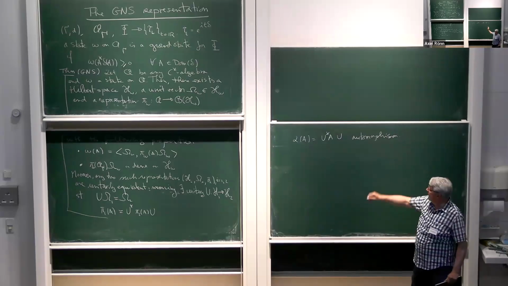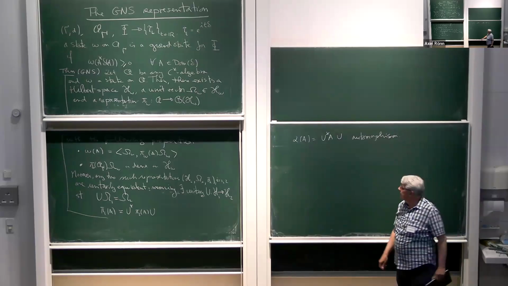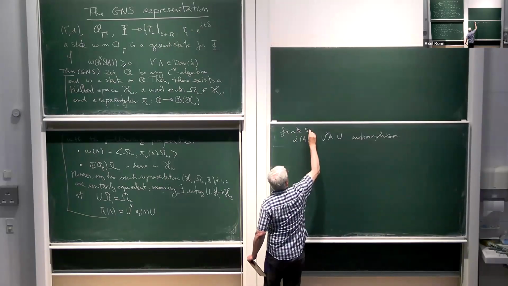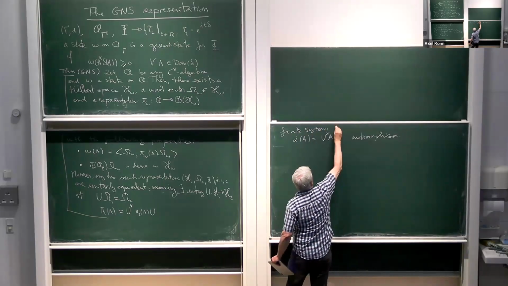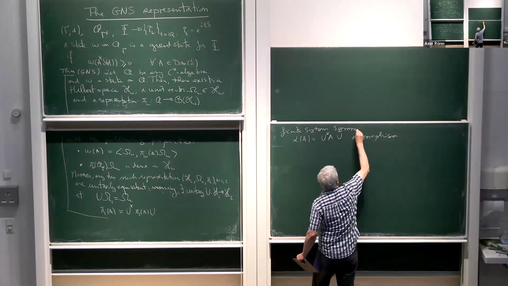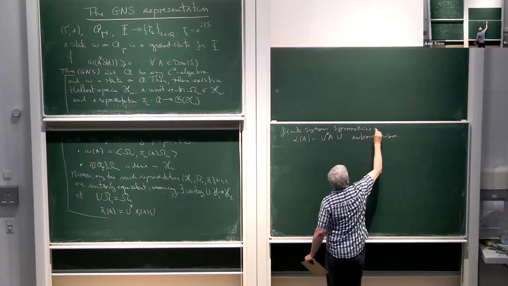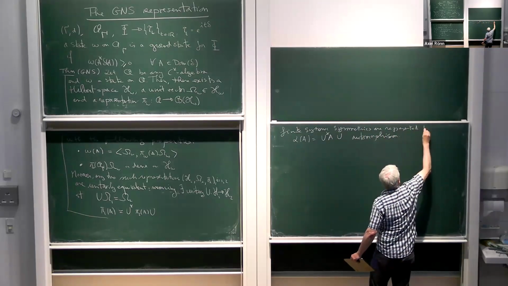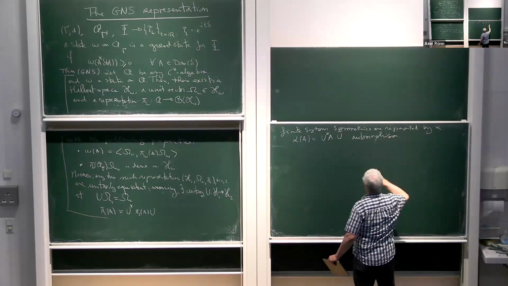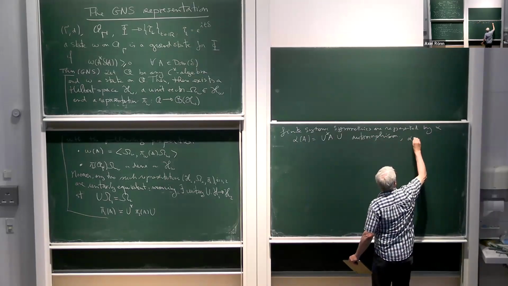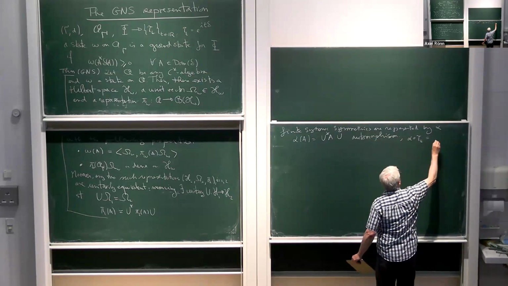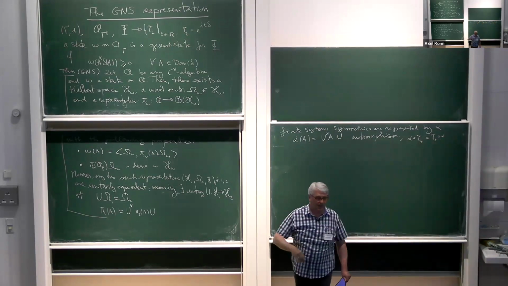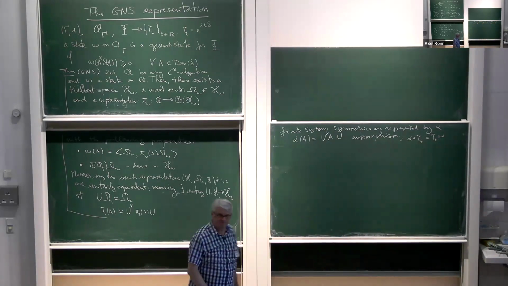Every automorphism is of that form. So it's an automorphism alpha, and the fact that I have a symmetry of the dynamics will be the statement that the dynamics commute with that automorphism.